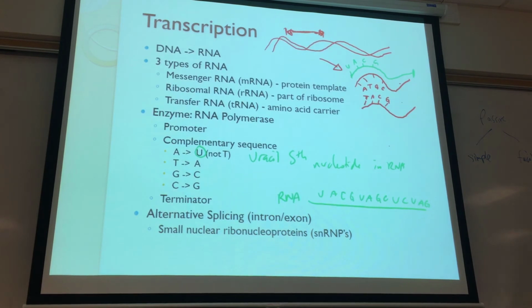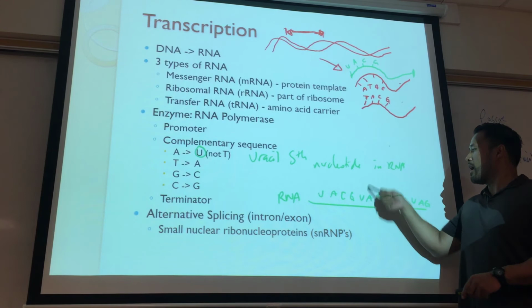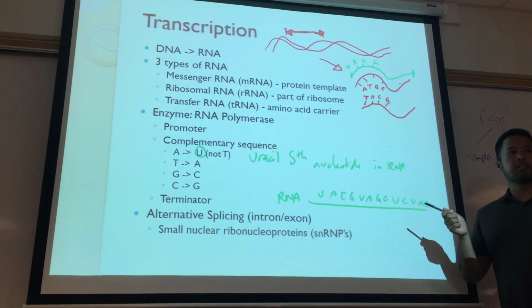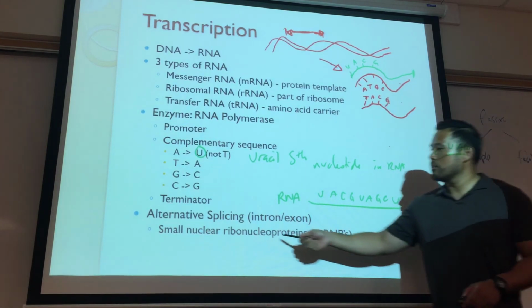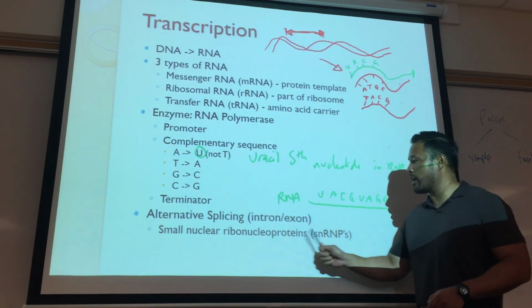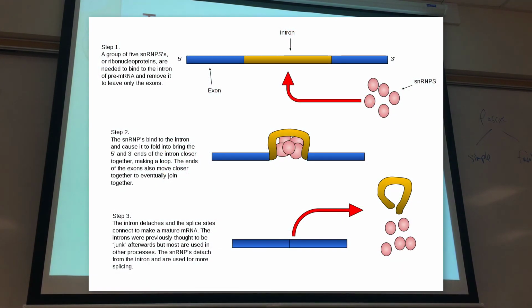And now we're going to undergo a process where we're able to cut out certain things that are not relevant. So we're going to find pieces on here that might not be what we're looking for. And so we have small nuclear ribonucleic proteins, otherwise known as SNRPs, or RNPs, and they come in and excise areas that we don't need.